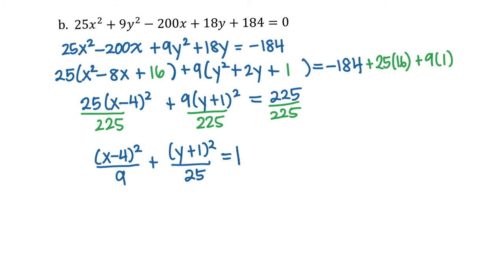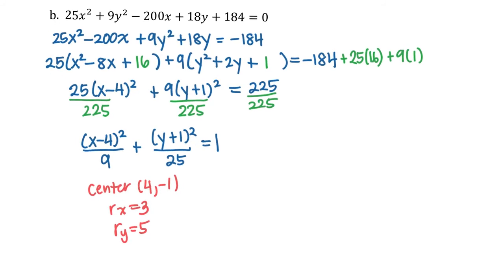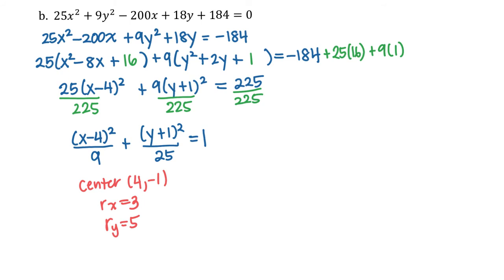Now I can get all the information I wanted. Okay, so the center is 4, -1. The x radius is 3, the y radius is 5, and that's enough information to get a decent graph. If you have graph paper, you will have a better graph than me.